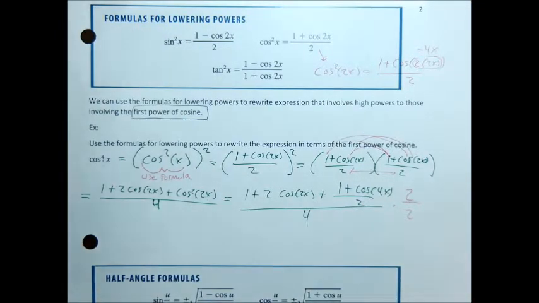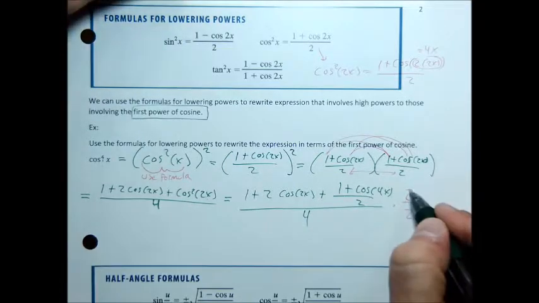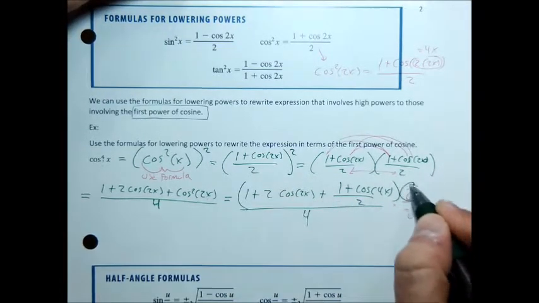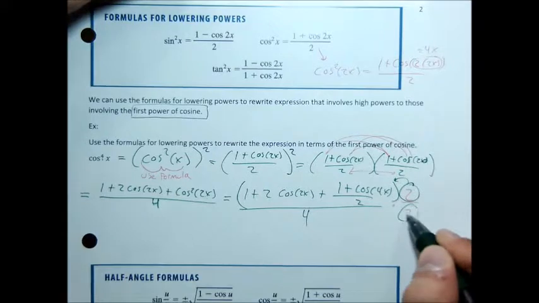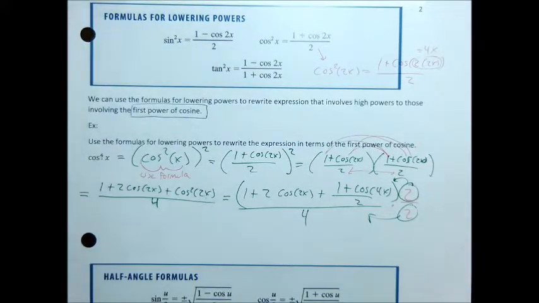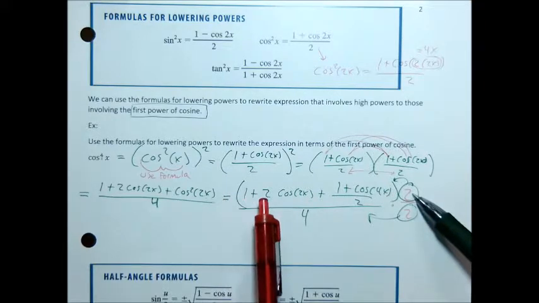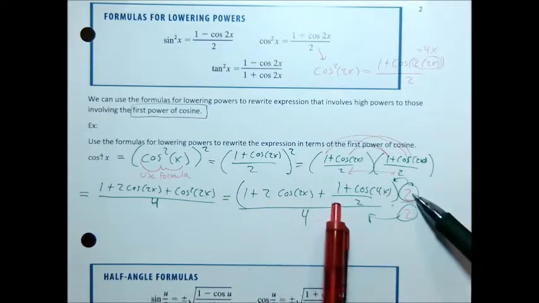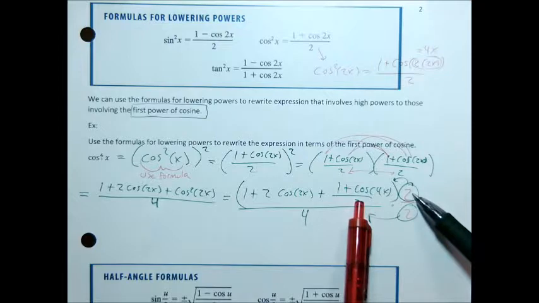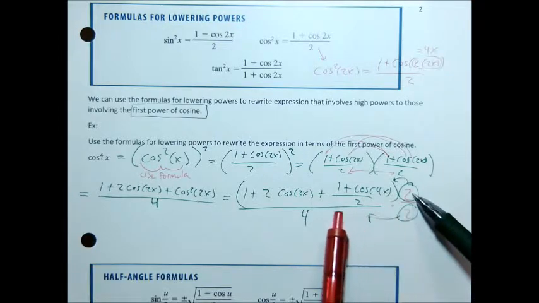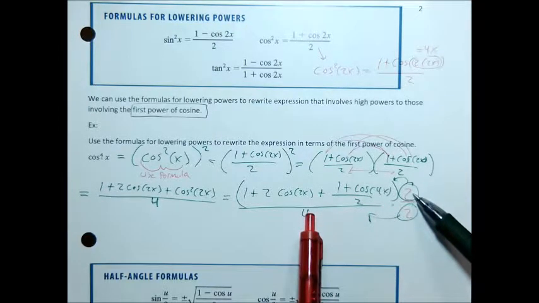And so if we multiply by 2 over 2, this 2 goes into the top, and this 2 goes into the bottom. And so this 2 multiplies the 1, it multiplies this, and it's going to cancel this one out. And then the bottom one just makes the 4 into an 8.